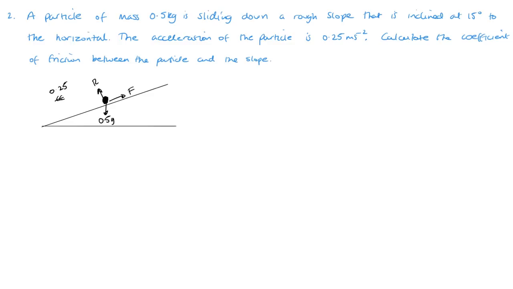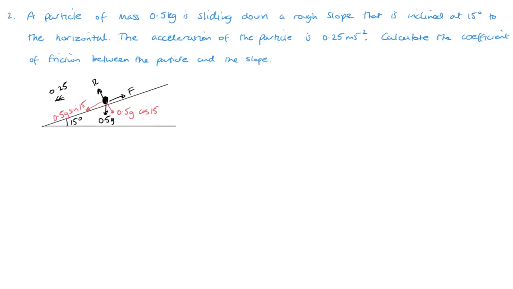So what I want to do is first resolve the weight. So it's going to be that way and that way. So 0.5 G. Now the angle is 15 degrees. So 0.5 G cos 15 and 0.5 G sine 15.